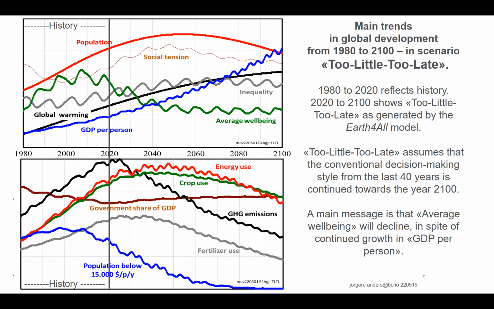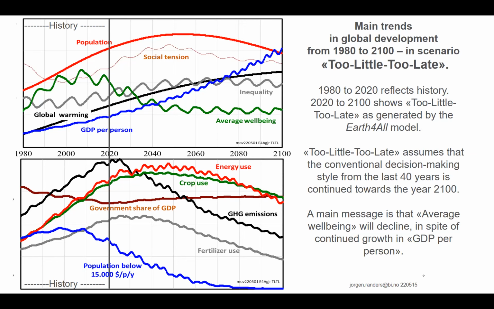So it's a wide spread between regions, but the sum of this is a population below 15,000 that has come down a little bit during the last 40 years and will actually decline to 0 during the next 50 years or so. That's our best forecast for the speed at which poverty is going to disappear in the world.